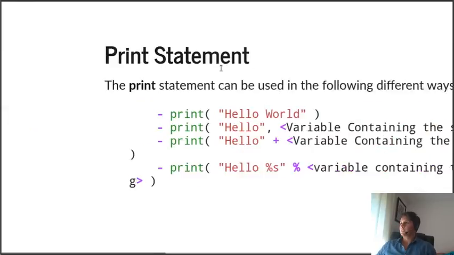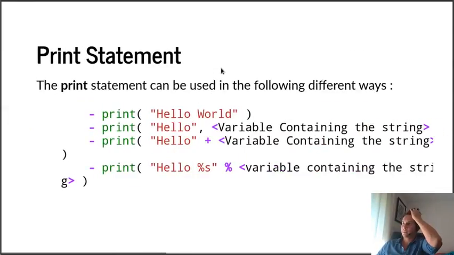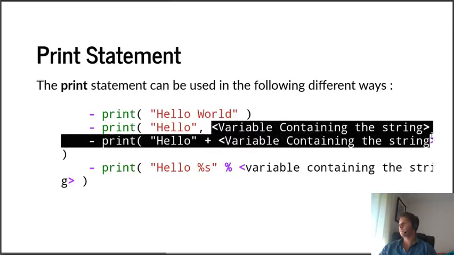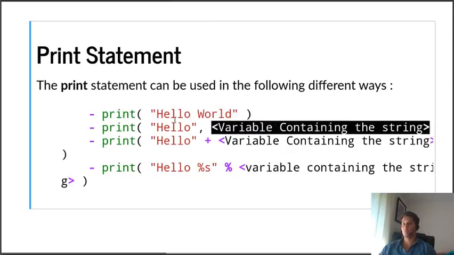Okay, so let's talk about the print statements. Here we have something that we already used, the print of a string, but something a little bit more advanced is to put, for example, a comma to put any variable here. This variable could be an int, and it will be parsed to a string. So if you have hello and comma 2, you'll print hello and a space and a 2.